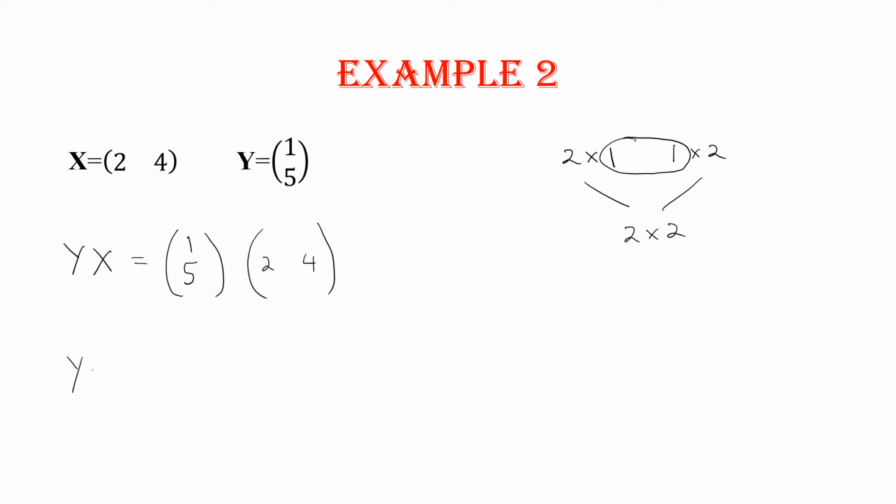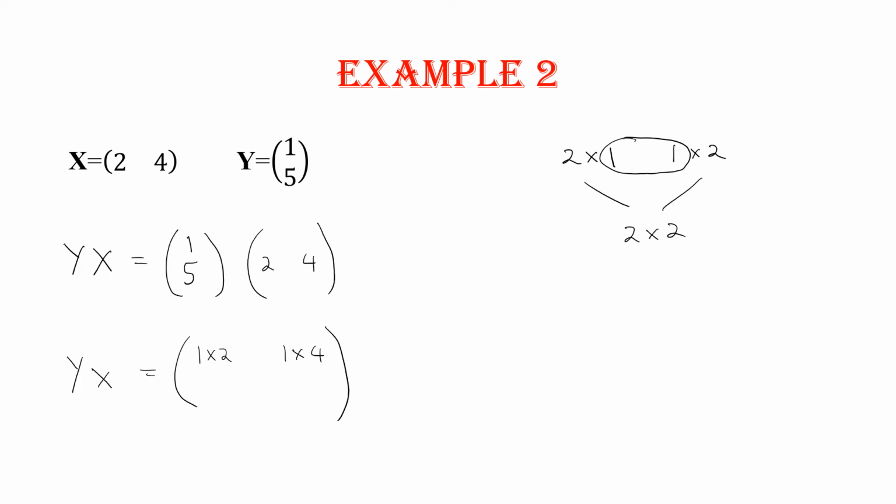So if we have yx, I'm multiplying again, row by column. It so happens in this one that row by column is just 1 times 2. That's row 1 times column 1. Nothing else to add. Then row 1 times column 2, that's 1 times 4.